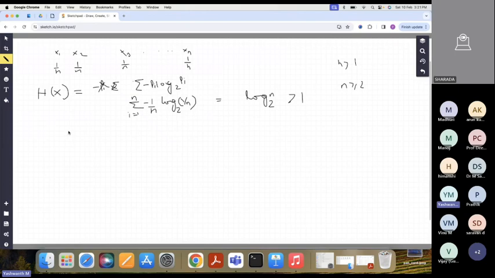You are given a relation y equals 1 plus x to the power 4, and this x to the power 4 is non-linear.